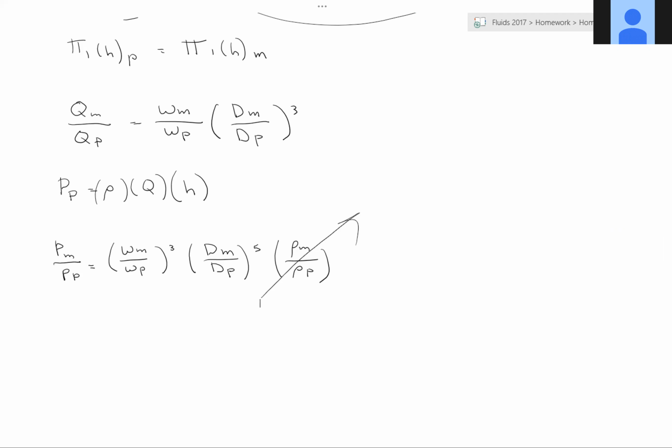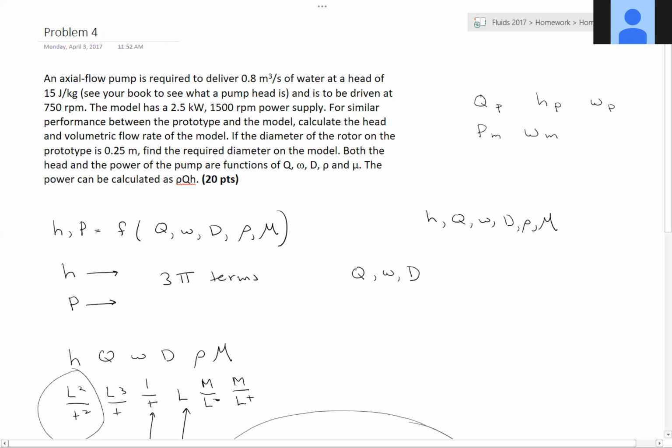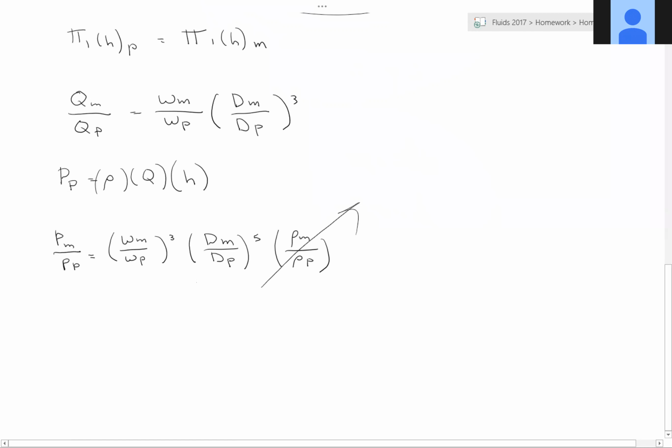We can only solve for the ratio. So what you have to be careful of, don't skip ahead and say, okay, we know that the diameter of the prototype is 0.25. We don't know that yet. So what we have to do here is solve for this ratio, because we have this, we calculated this, and we have this.